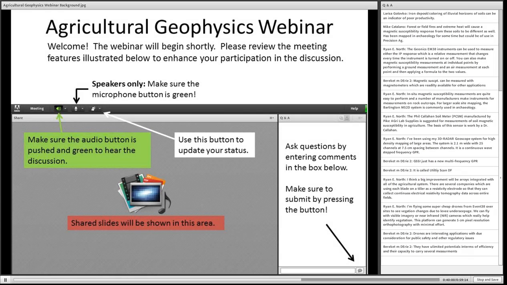Rick, do you have any thoughts on that? Yeah, Barry, absolutely. I'd love to address this. Just further to what you mentioned, Larissa, when soil goes through frost point, freeze thaw, conductivity changes over a couple of degrees through frost.